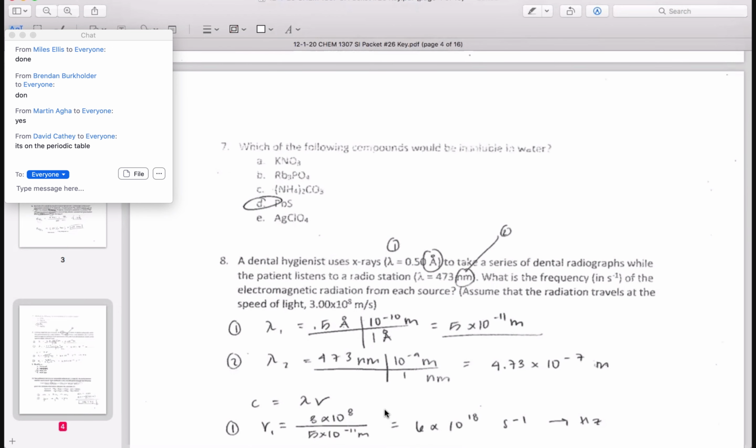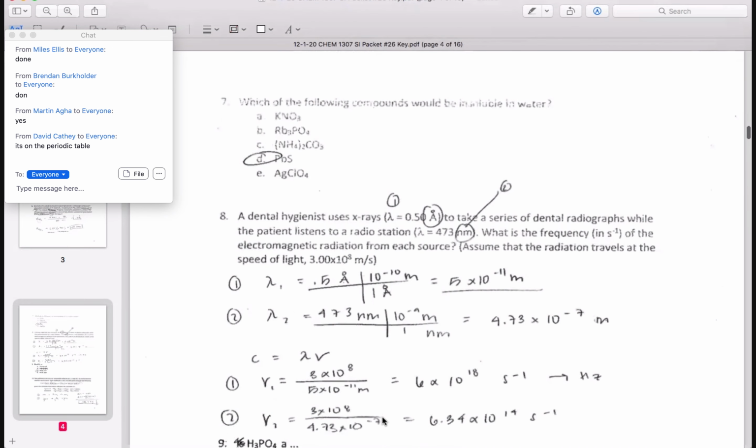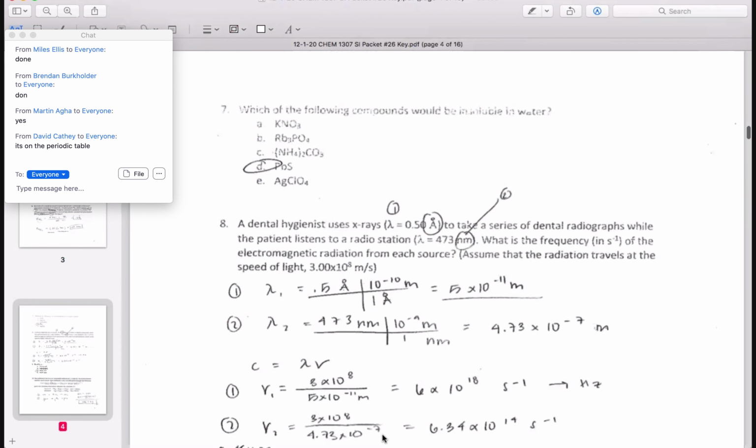So that's why I rearranged it this way. You should have your speed of light, which is 3 times 10 to the 8th, over your wavelength. In this case, this one was 5 times 10 to the negative 11th. And in this one, it was 4.73 times 10 to the negative 7th, which I got for the first one, 6 times 10 to the 18th. And the second one, 6.34 times 10 to the 14th, both in inverse seconds, which is equivalent to hertz, like I said.